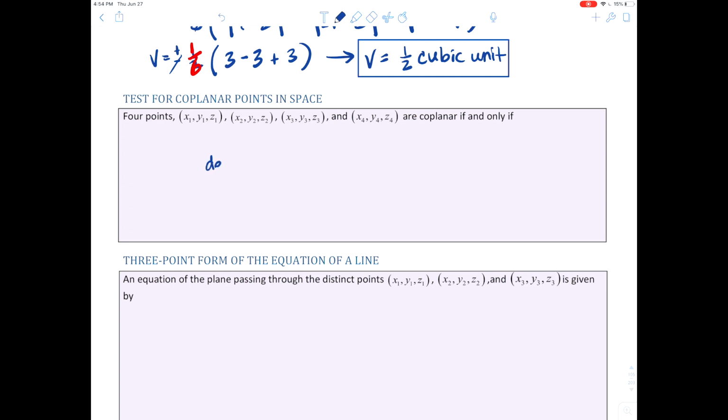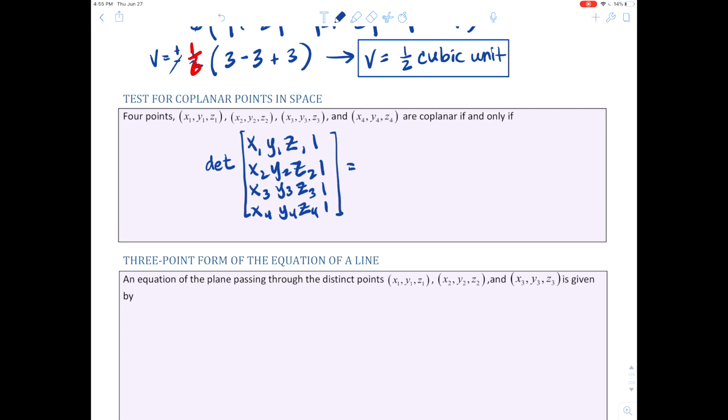So the determinant of x1, y1, z1, 1, x2, y2, z2, 1, x3, y3, z3, 1, and x4, y4, z4, 1. So if this determinant is equal to 0, then the 4 points are coplanar.